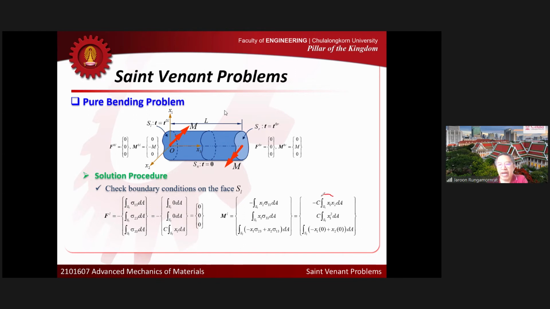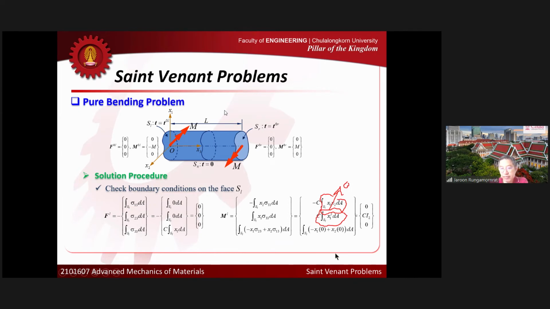Based on the principal axis property, that term disappears. The integral here is 0. Okay, how about the second integral? The integral of x1 squared is simply I2, right? The integral of x1 squared over the cross section is simply the moment of inertia of the cross section about x2. So that is simply I2.